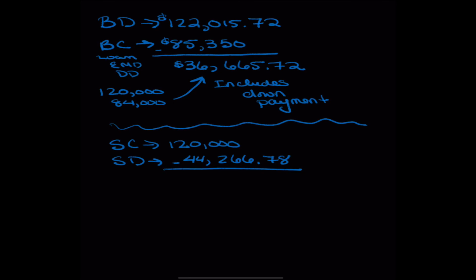So when you subtract those two numbers, we find out that the seller is going to receive a check after it records for $75,733.22. So those are the two answers to our problems.